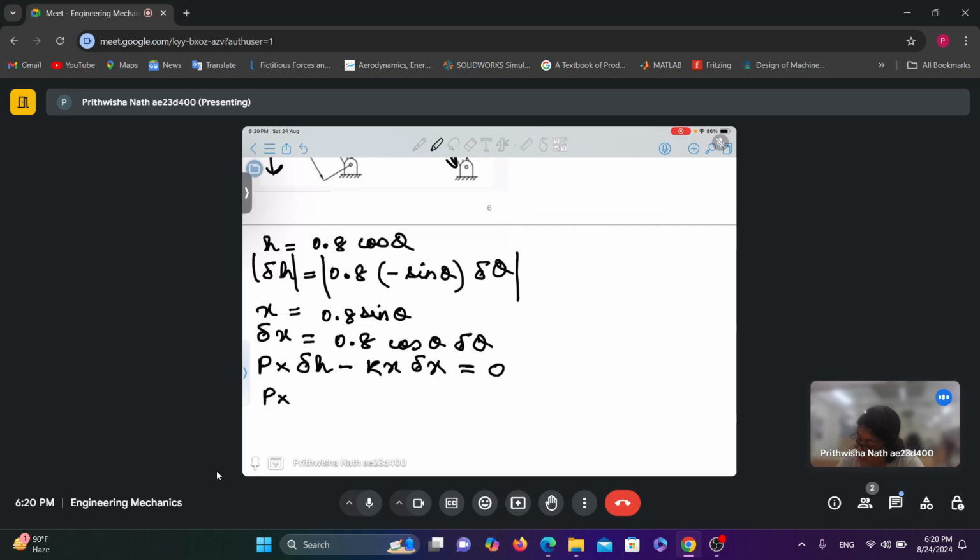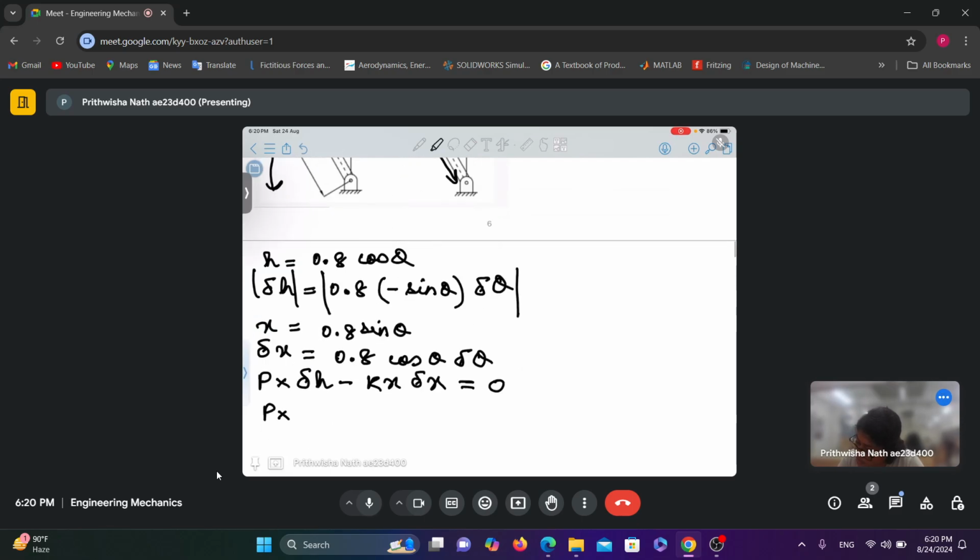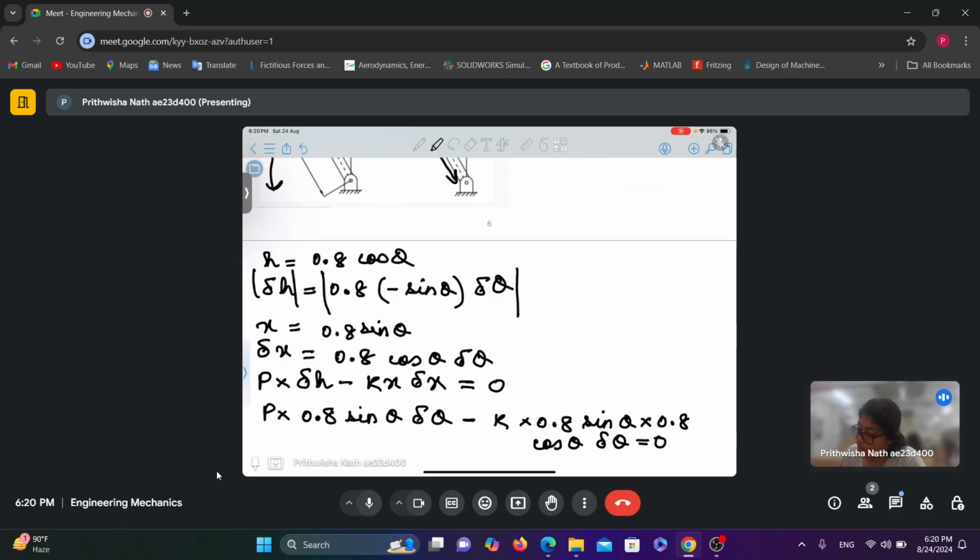P into delta h is 0.8 sine theta delta theta minus k 0.8 sine theta into 0.8 cos theta delta theta is equal to 0.